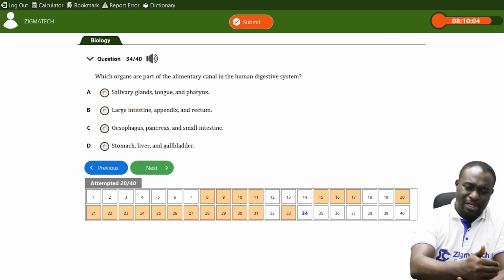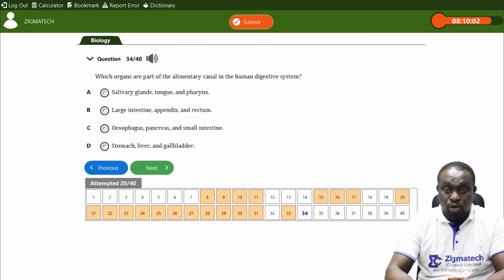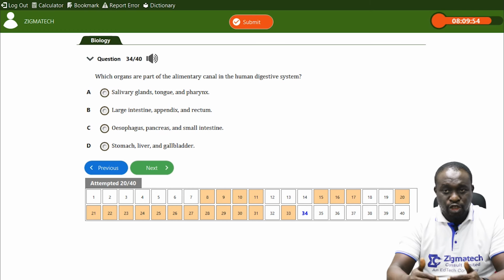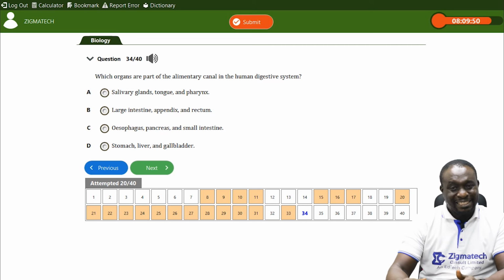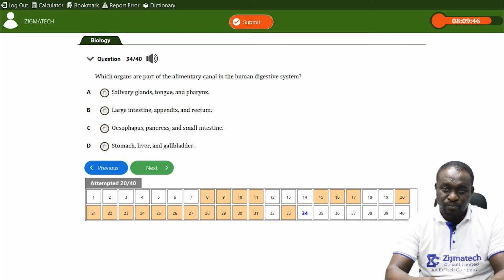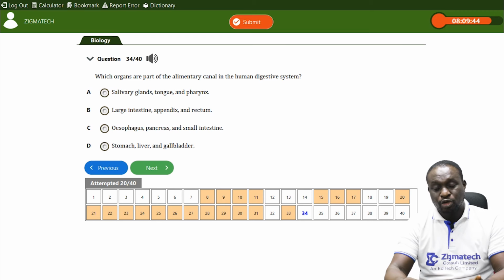But in other organisms, such as earthworm, grasshopper, and so on, they have the pharynx as part of their alimentary canal, but not in humans. Now, the function of the pharynx in humans is replaced by the esophagus. So option A is not the correct option.